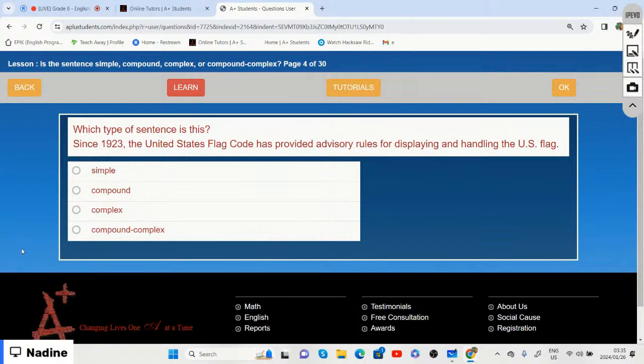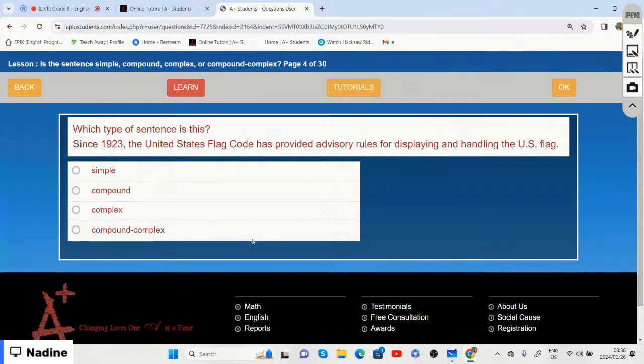All right, so if we look at our sentence, like we said, it is not a compound sentence because a compound sentence is basically two independent clauses joined by a coordinating conjunction. So it's either a simple sentence or a complex sentence, especially since we start with the word since.